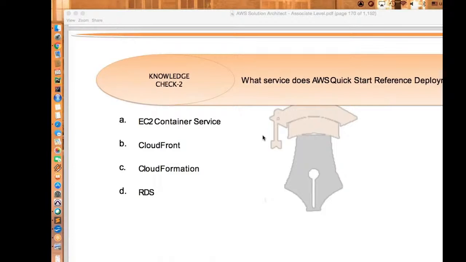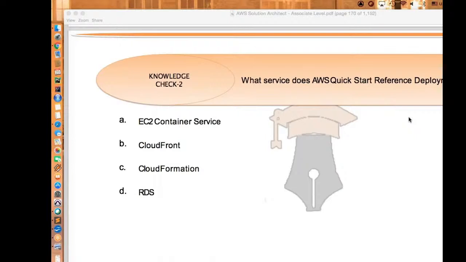CloudFormation? I will go with A. I know A is how to create instances. They said Elastic Compute Cloud, Container Services.